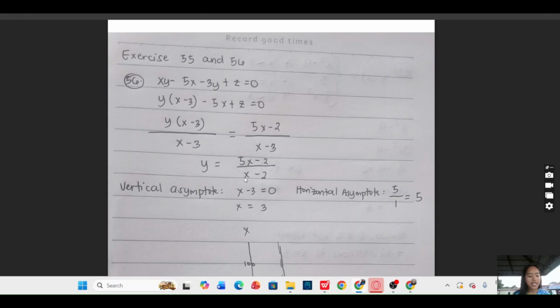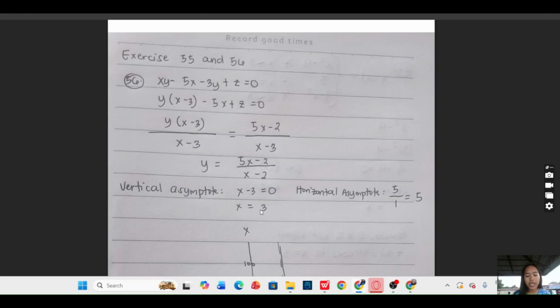So first, let's identify the vertical asymptote. That is our step 1. To find the vertical asymptote, we set the denominator equal to 0. So that is x minus 3 is equal to 0, which leads to the answer x is equal to 3.